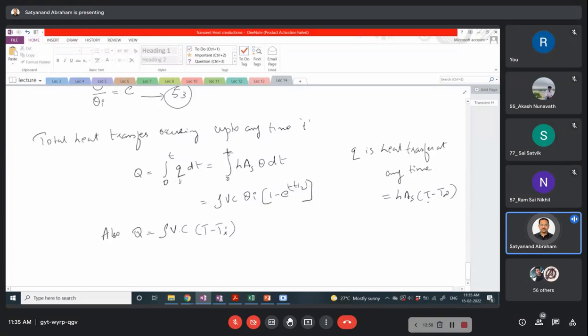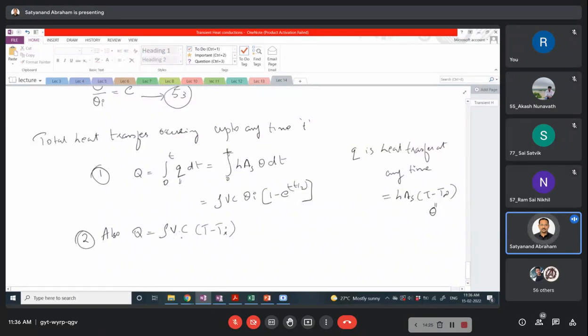T is the temperature at any time, and T infinity is the outside ambient temperature, so T minus T infinity is the temperature potential at that particular time, which is theta. We integrate it over time and get the expression for Q total. That is one method of doing this.